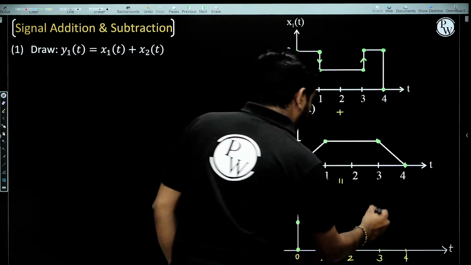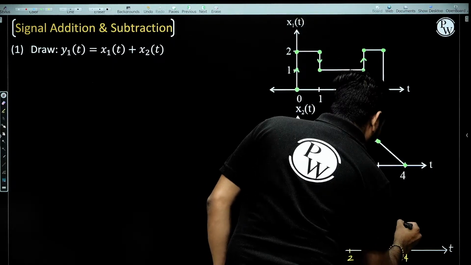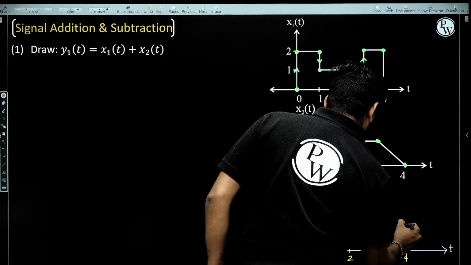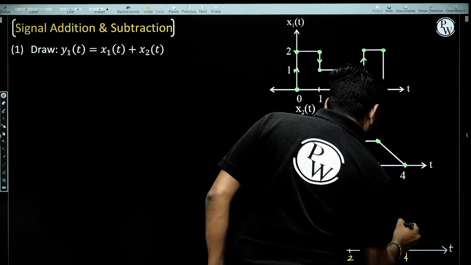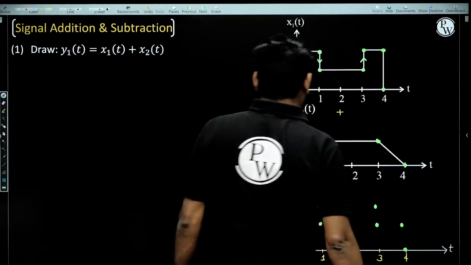Then at t equal to 3, 1 plus 1 we got 2, then next we got 3, then again at t equal to 4, 1 plus 1 plus 0. Okay, like this.